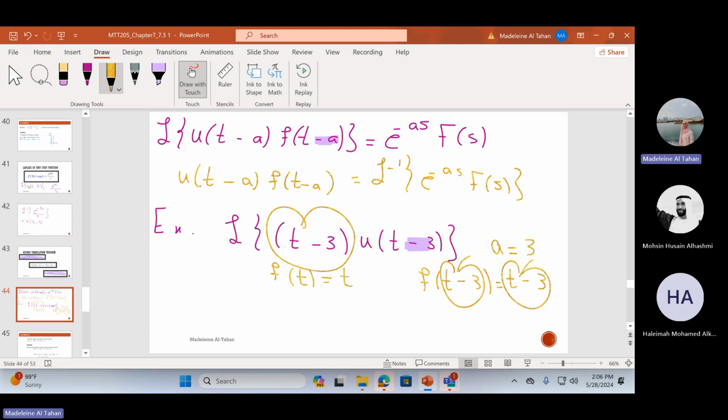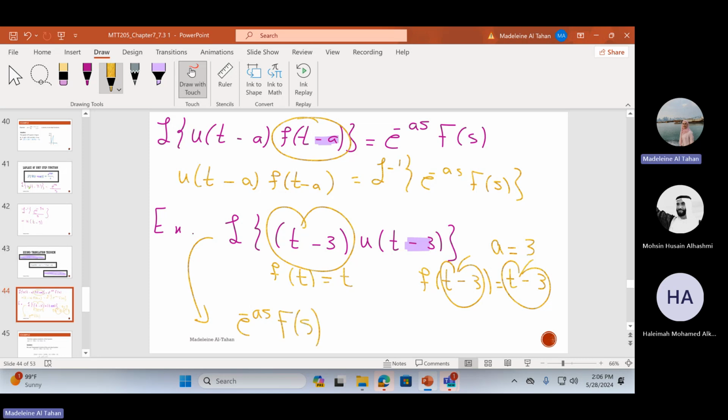What's left? We are left with t minus a, and here we have t minus 3, so t minus a is the same as t minus 3. So t minus 3 is f of t minus 3. So what's f of t? T. So the answer of this one is e to the minus a s times F.